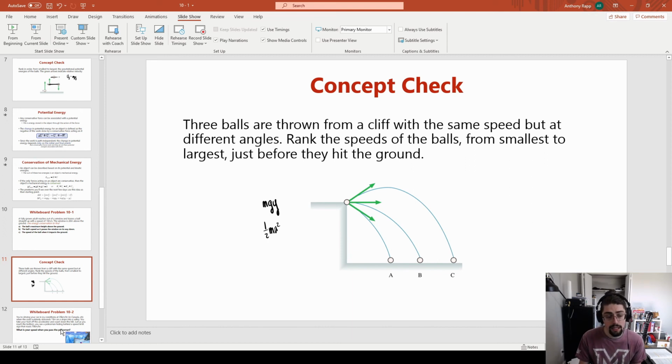In all 3 cases, I end up at y equal to 0 and some final velocity, final speed as we hit the ground. Now, the angle of these things does not have to be the same. But at the end of the day, the energy we started with, the energy we ended with, is all the same. All of them should have the same speed as they hit the ground. Energy conservation at work.